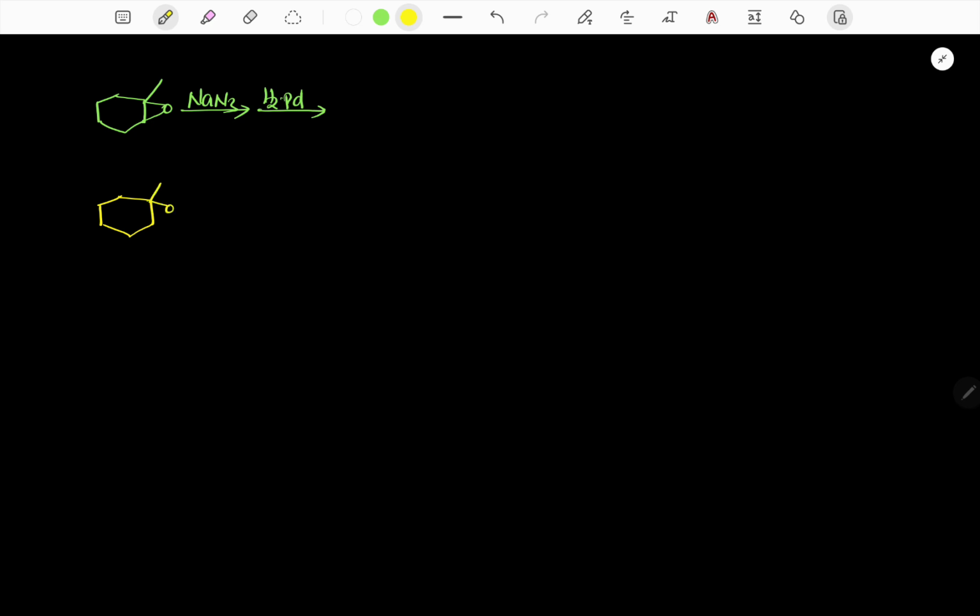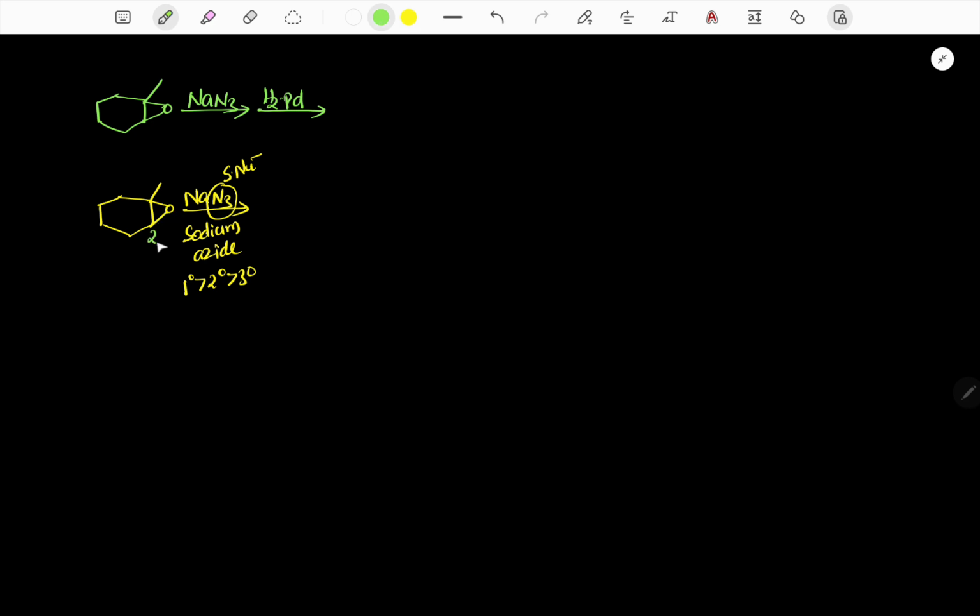Epoxide treated with sodium azide, NaN3. Now here N3 minus is a strong nucleophile, and for a strong nucleophile with epoxide, the order is primary greater than secondary greater than tertiary.